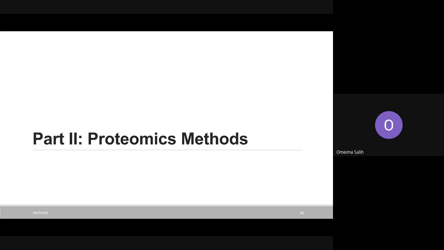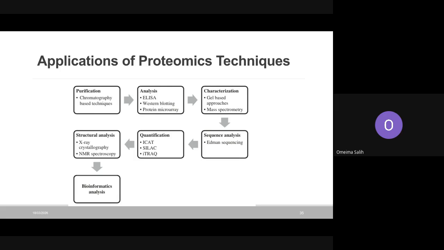Okay. I'm just going to take one of the proteomic methods. There are a lot, but let's start with this session and then we complete it in the next session. For the proteomic methods, there are different methods according to the purpose or objective behind using them. What is your research question?